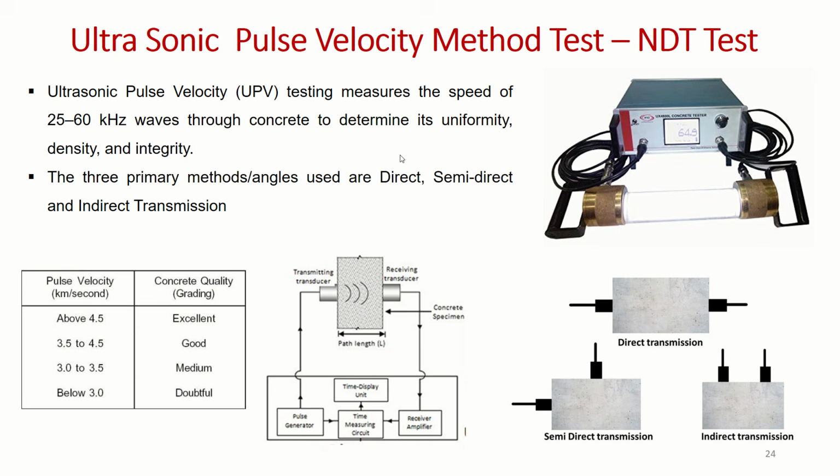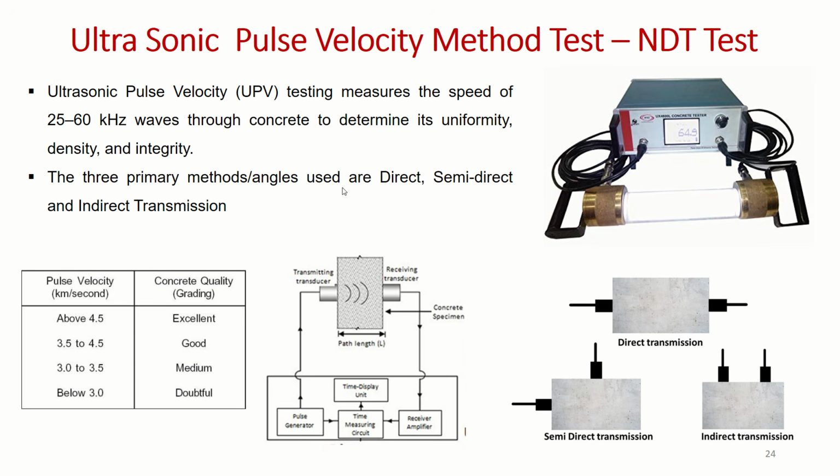The next test we have conducted is the ultrasonic pulse velocity method, normally called UPV in actual practice. Here the velocity of transmission through the concrete is measured. There are three methods: direct transmission, semi-direct transmission, and indirect transmission.